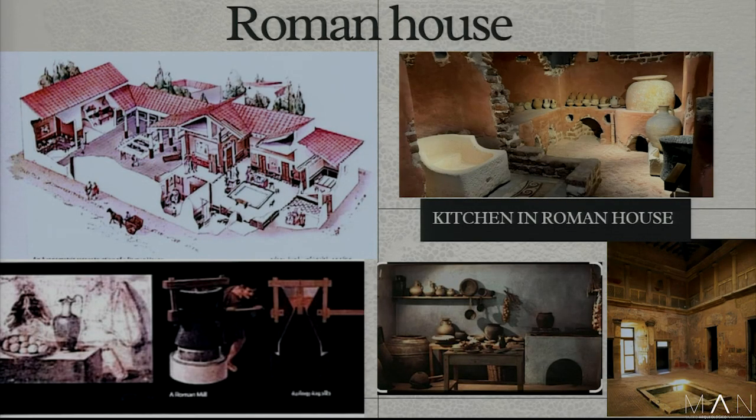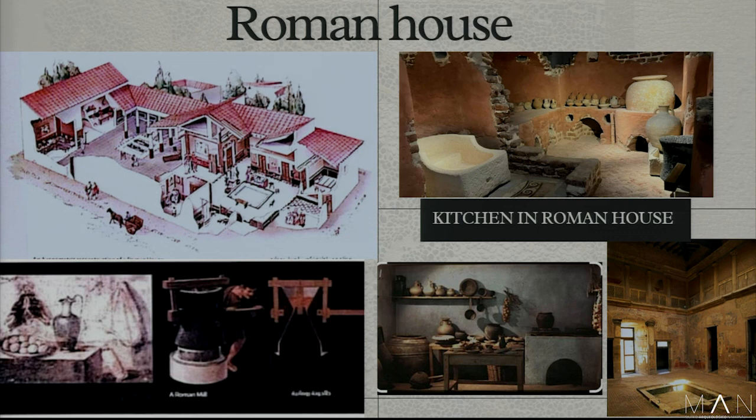Furthermore, we can observe this simulation in a recently constructed Roman-style house designed to mimic the simple Roman homes. This house showcases a collection of artifacts that were once used in daily life and domestic activities.